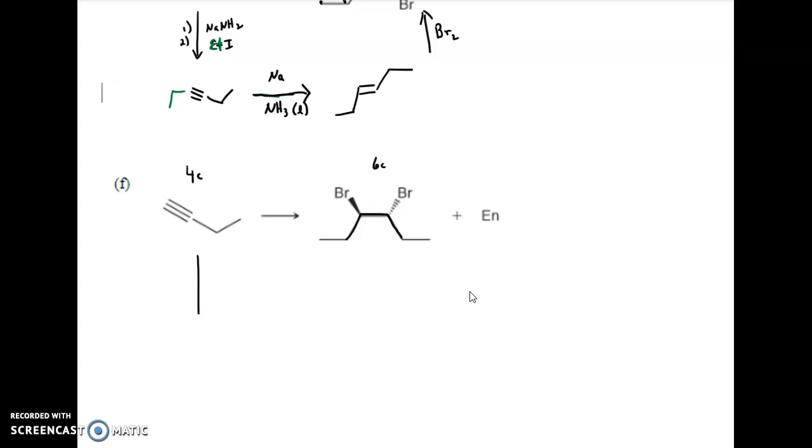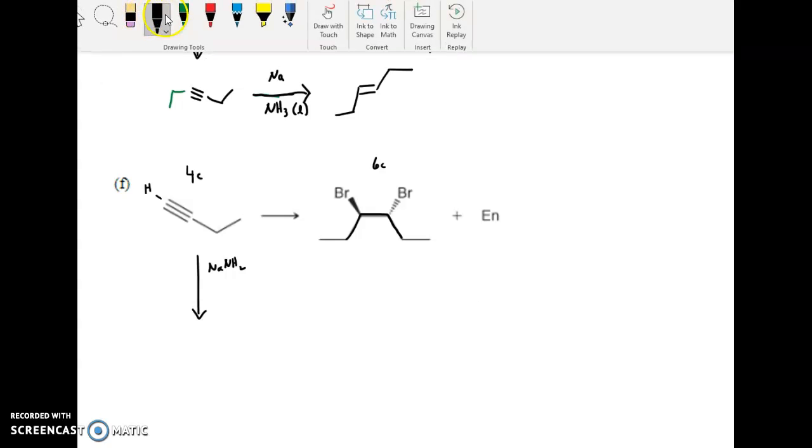So we will use the sodium amide to remove that proton, and then we'll add, let's change our color, ethyl iodide, and that will give us a compound that looks like this.